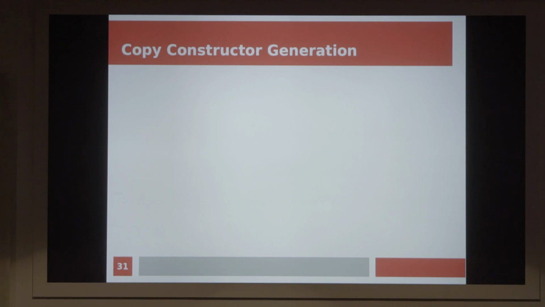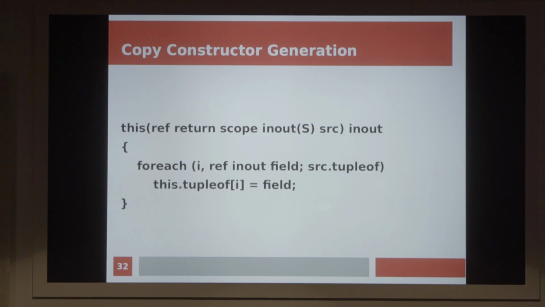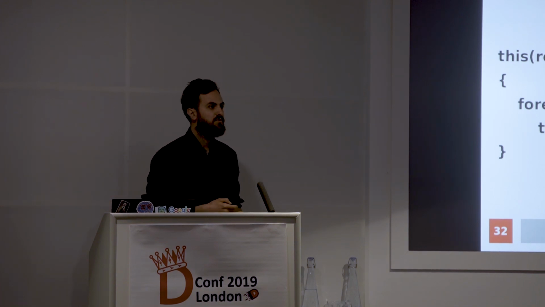Copy constructor generation. Now, if a struct does not explicitly declare a copy constructor, and that struct has at least one member that has a copy constructor, and that member is not overlapped, then the compiler is going to generate this copy constructor for you. It is in-out because, as I've said, it is recommended that you try and replace your post-blit with an in-out copy constructor.